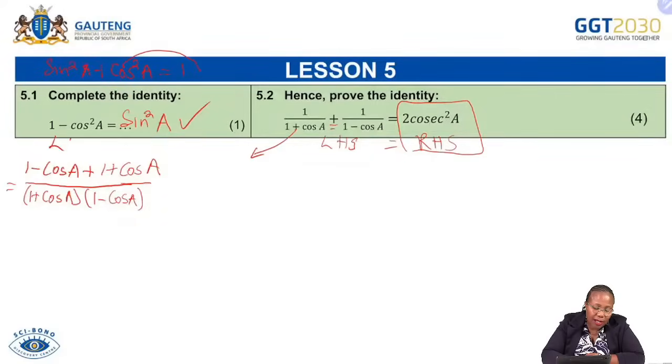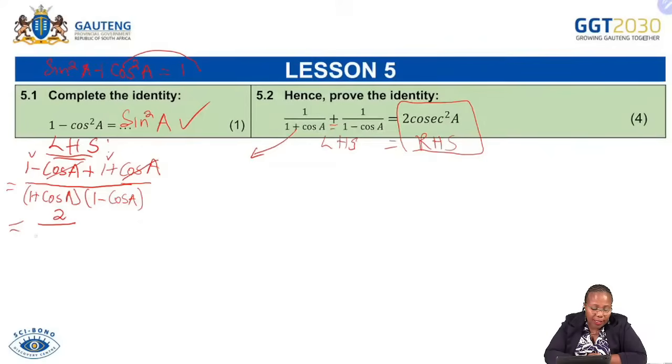We are taking the left-hand side, grade 12. So now cos A minus cos A is a 0. So 1 plus 1 will give us a 2 over. In the denominator, you can see you have the difference of two squares there, factorization.